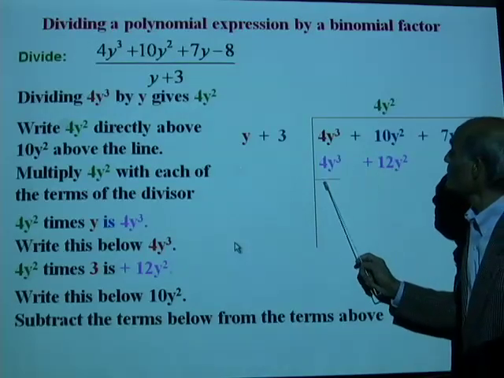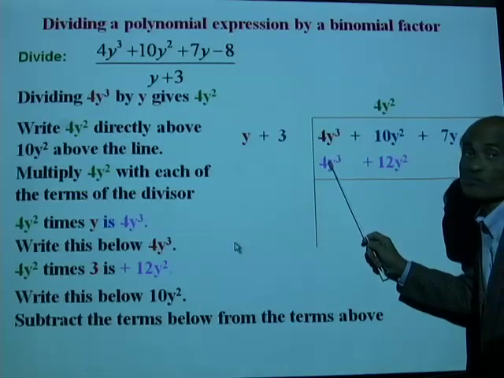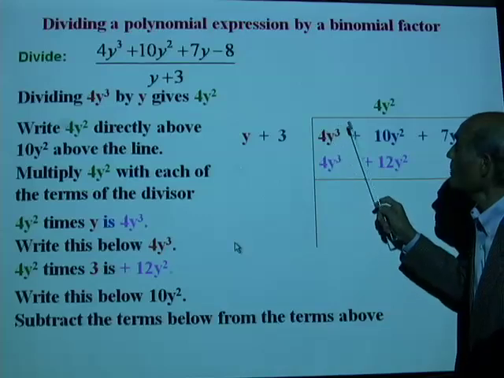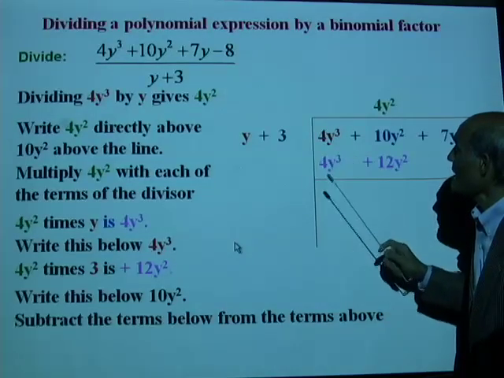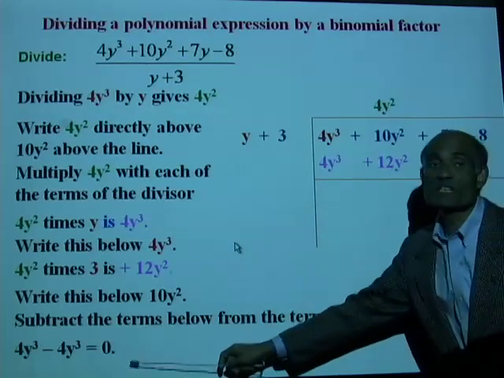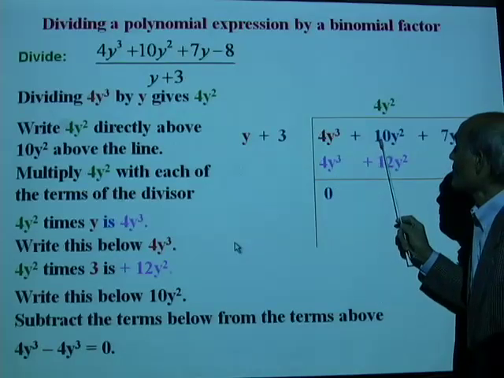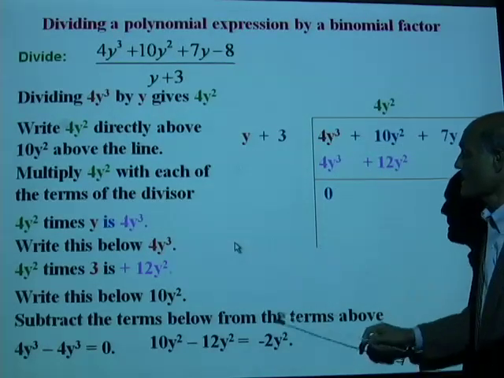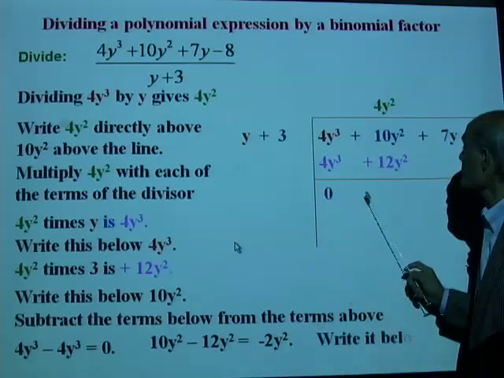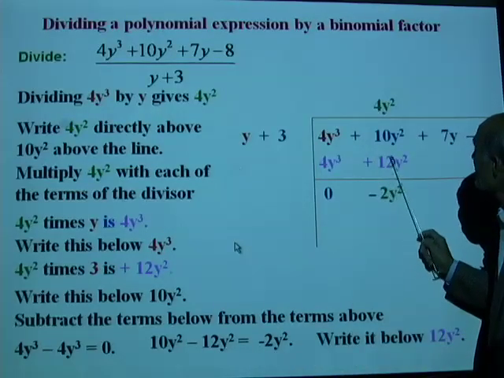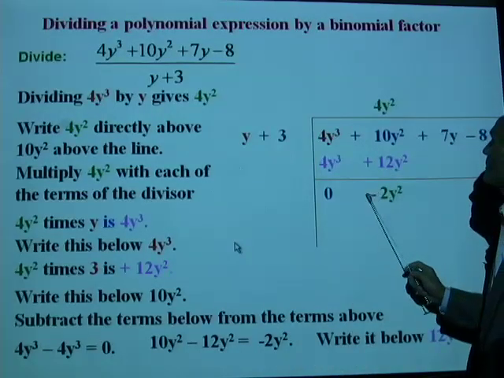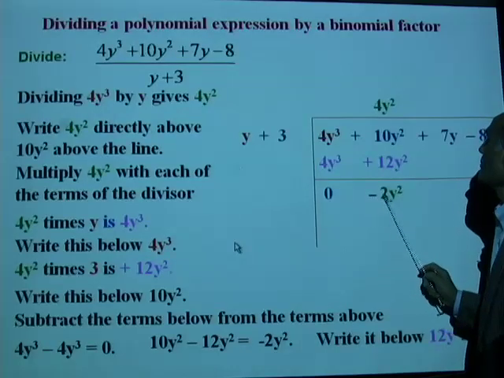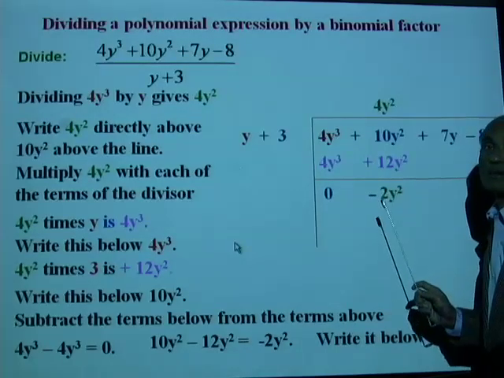And now subtract the bottom term from the top. 4y cubed minus 4y cubed is 0. 10y squared minus 12y squared is negative 2y squared, and write it below the y squared term. So that will be 0 minus 2y squared.